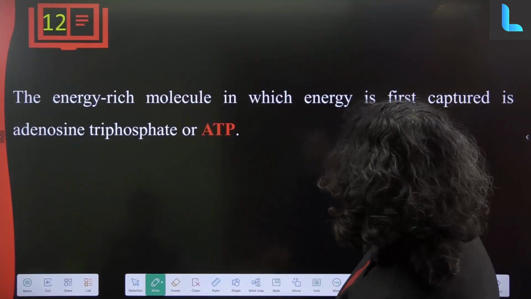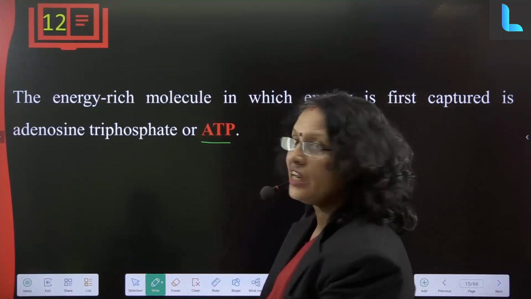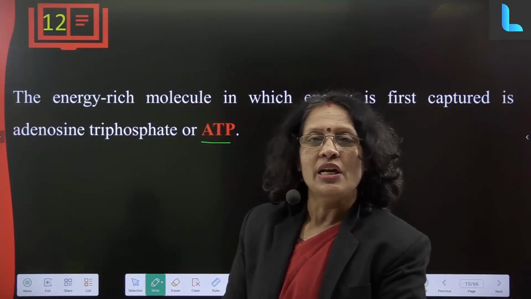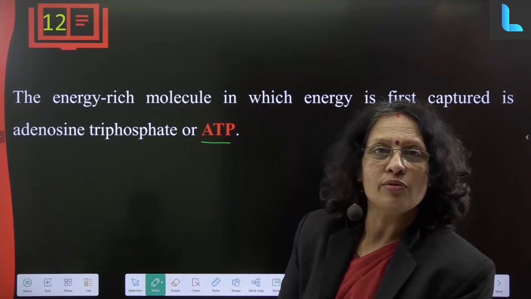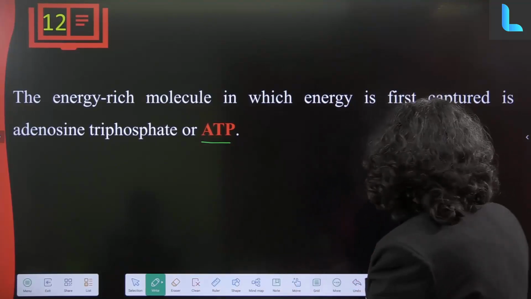Energy in energy-rich molecules is first captured in adenosine triphosphate, ATP. Whenever there is a requirement of energy, ATP breaks into ADP, adenosine diphosphate, and energy is liberated.